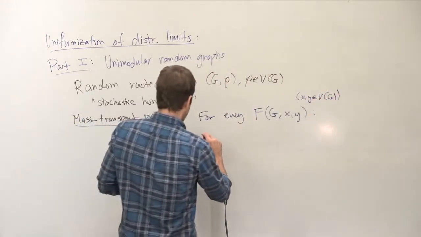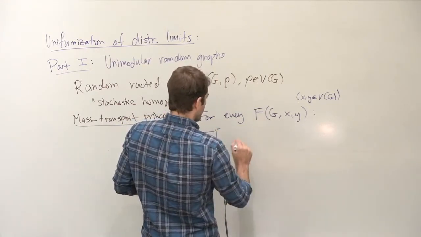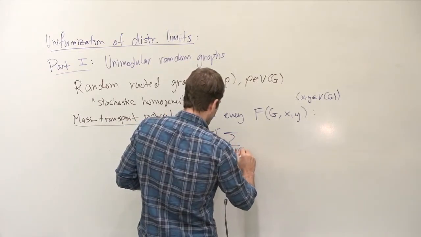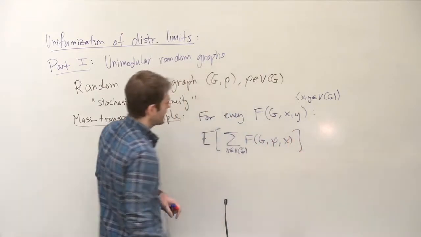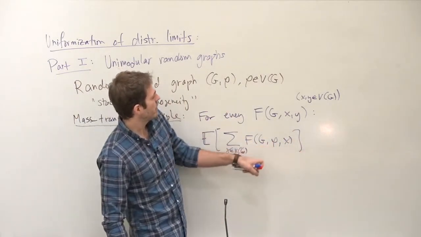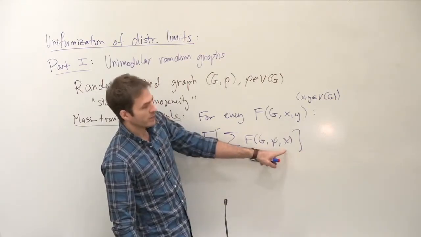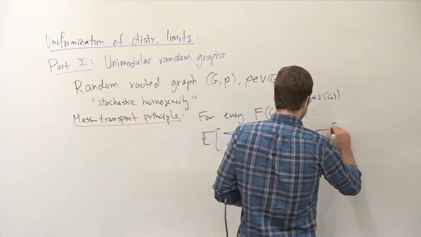The expected flow out of the root of the graph, so the sum over vertices x of f(G, rho, x). I sample G and rho, and then I look at the sum over all the vertices, the flow that rho is sending to x. This flow out of the root should be equal to the flow into the root.